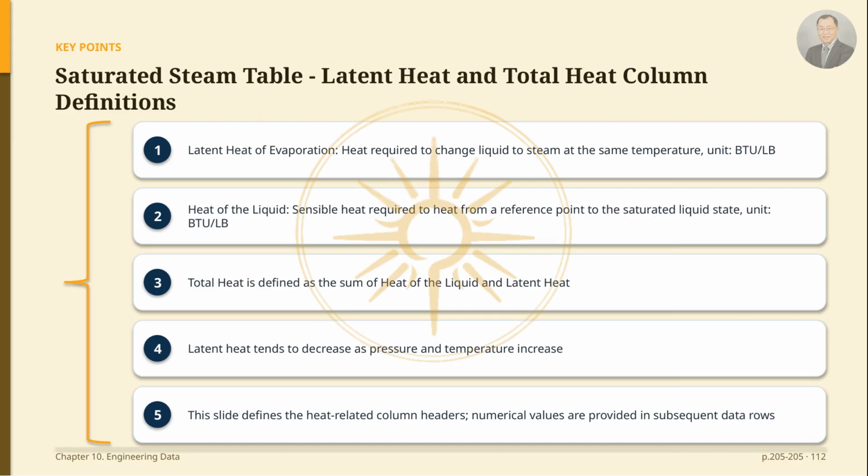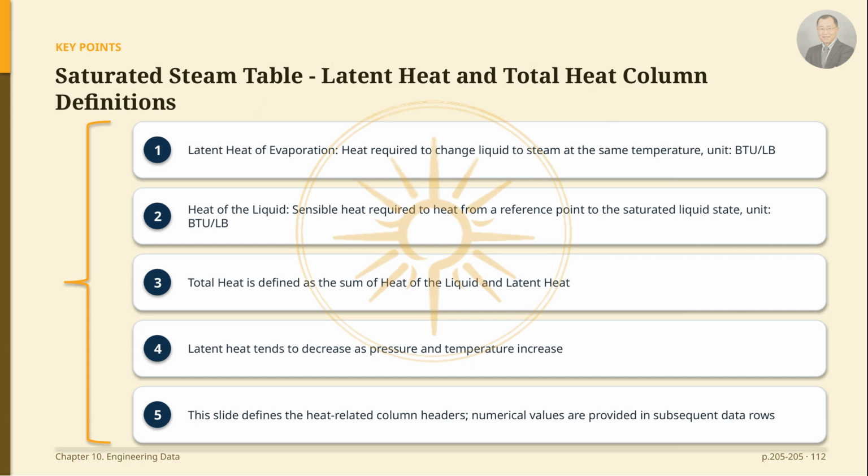I'd like to explain how the heat-related columns are defined in the saturated steam table. First, the latent heat of evaporation refers to the heat required to convert liquid into steam at the same temperature, expressed in BTU per pound. The enthalpy of liquid refers to the sensible heat used to heat water from a reference temperature to the saturated liquid state, also in BTU per pound.